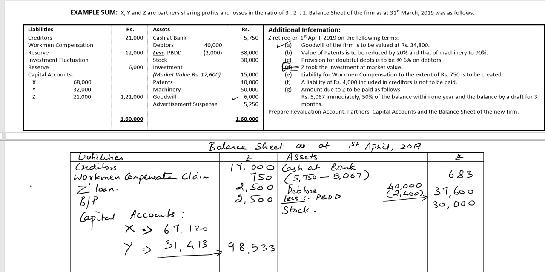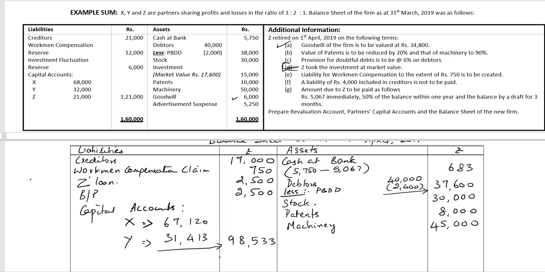The investment has been taken over by partner Z. Patents, we reduce the value by rupees 2,000, 20%. So now the value is 8,000 rupees. Machinery was brought down to 90% of the value, so we deducted 5,000 rupees. So it's now 45,000 rupees. The existing goodwill was written off, and so was the advertisement suspense.